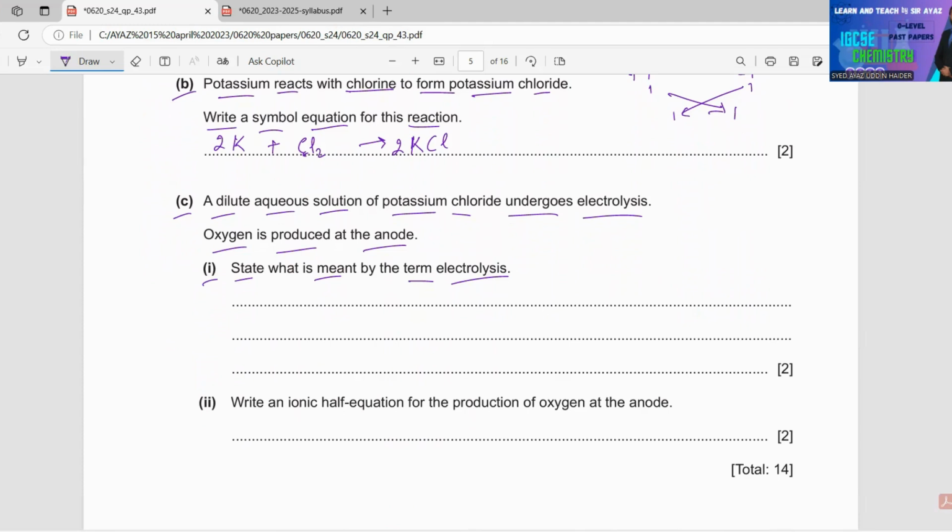Lysis means breakdown, and this is current. So what are you going to write? Breakdown through passage of electric current.